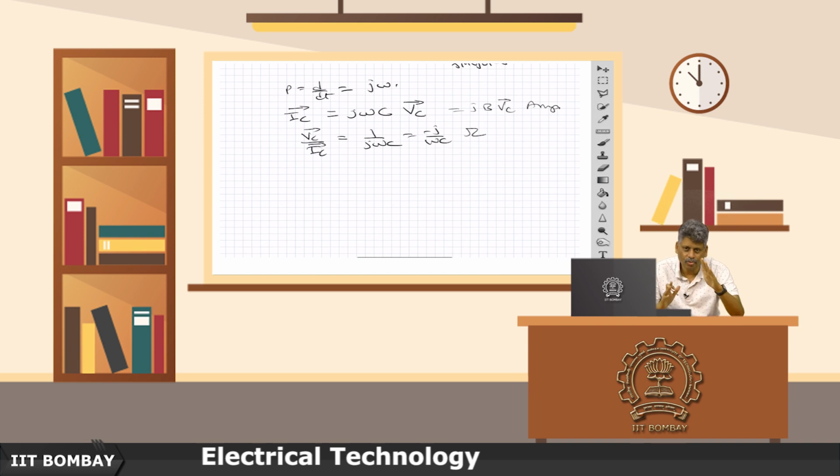The moment you have j coming into the picture, you know you are dealing with sinusoids, with complex exponentials, and if somebody gives you the values directly in ohms, then it means the appropriate multiplications by 2 pi, omega equal to 2 pi 50 or 2 pi 60, whatever it is, have already been done. So, this is capacitive reactance.